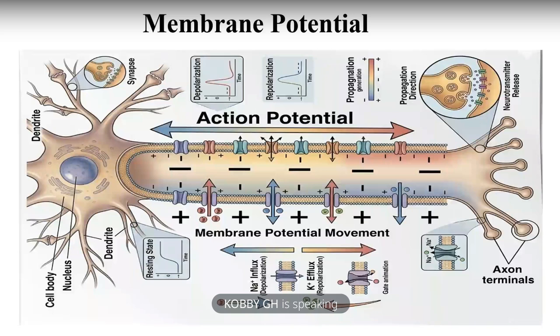So this is how it goes. When the impulse gets here, at this level, the neuron is at rest. Before the impulse moves one step, the positive outside has to move inside, then the negative inside moves outside, then the impulse moves one step. Once the impulse moves one step, it has to continue.